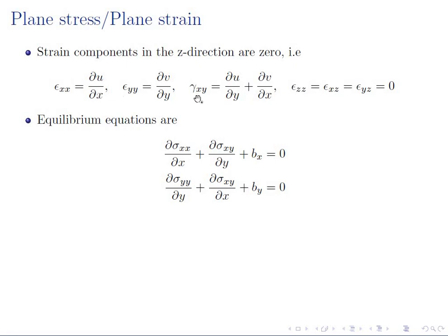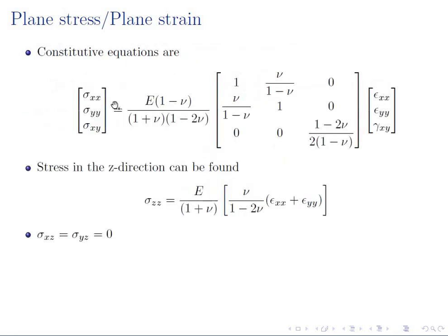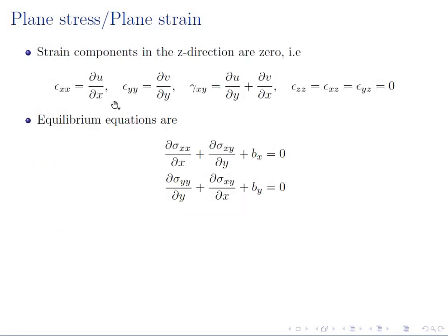We will have only 3 in-plane strain components: epsilon xx, which I can calculate using this equation, and similarly epsilon yy and gamma xy. Equilibrium equations: of course there is no third equation in the z direction because the strains are 0 in that direction. I'm only analyzing a 2D structure in the xy frame, so I will have only 2 equilibrium equations.